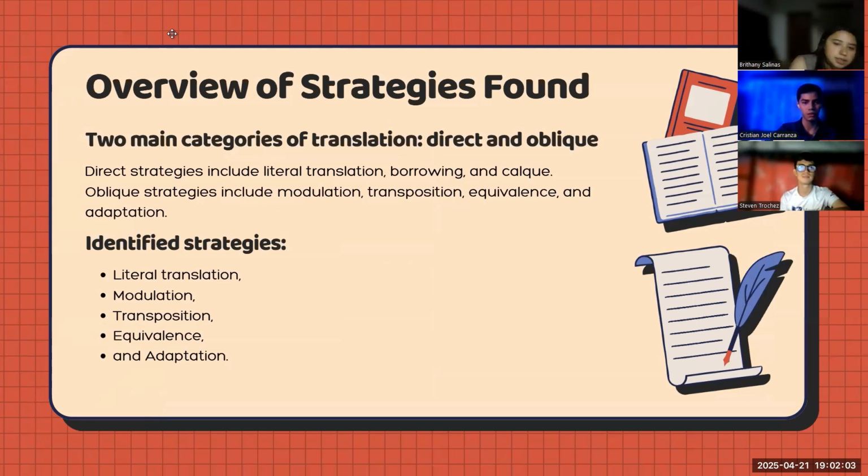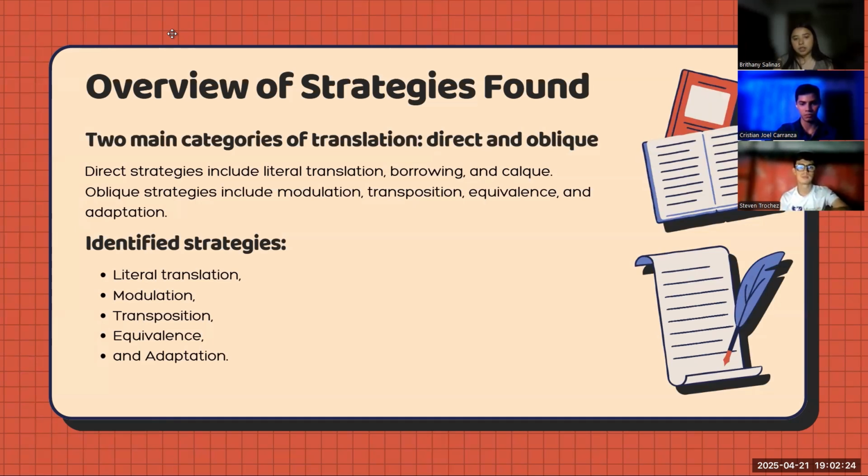For our analysis, we relied on the model proposed by Vinay and Darbelnet, 1995, later expanded upon by Byrne, 2014. According to these authors, there are two main categories of translation, direct and oblique.